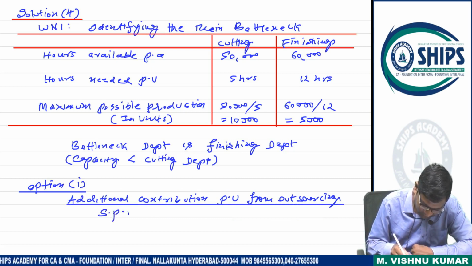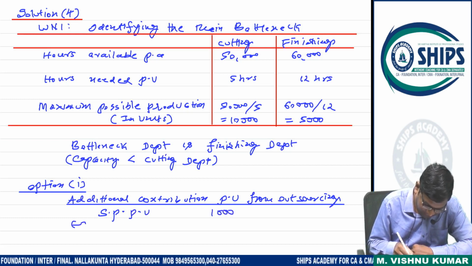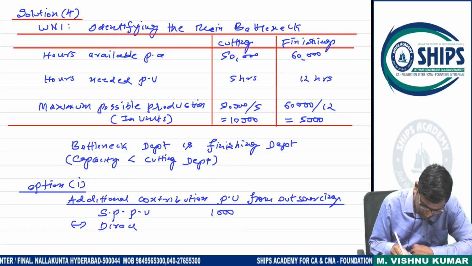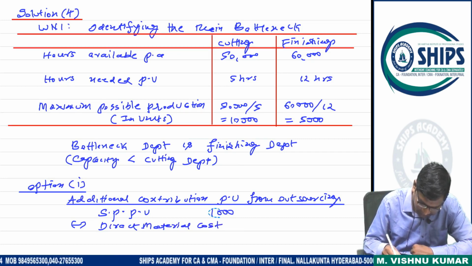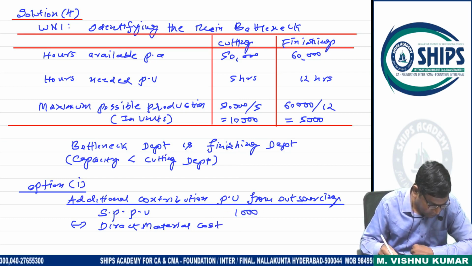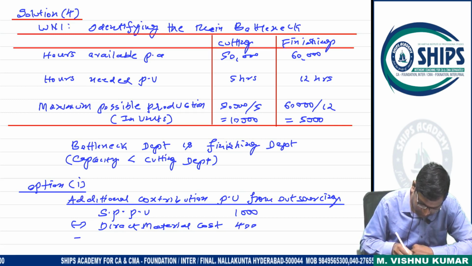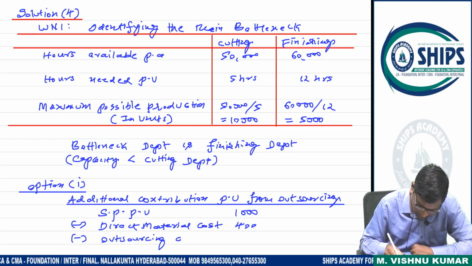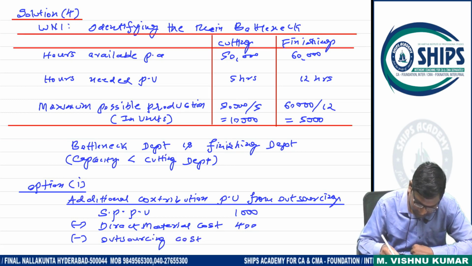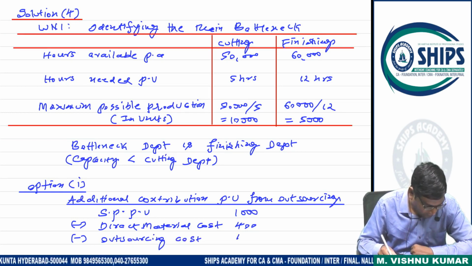So this is selling price per unit 1000, minus direct material cost 400, minus outsourcing cost 400.